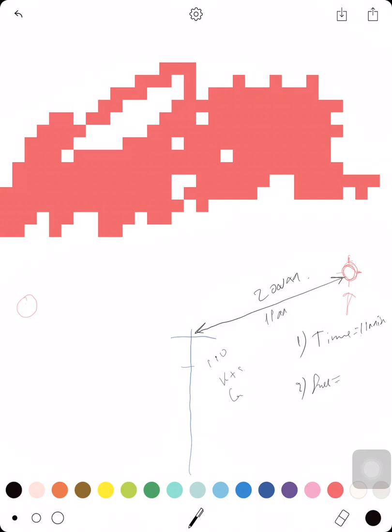And now our second problem is to find the fuel. Since we know our time and the distance, we have to know how much fuel we are spending.